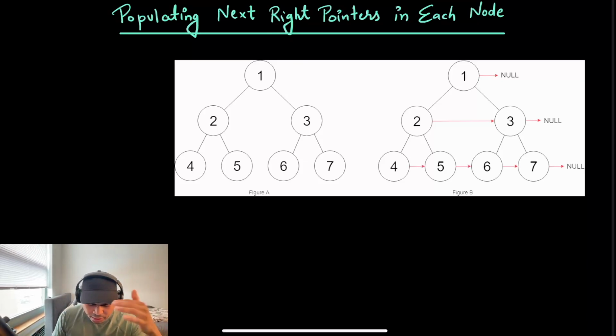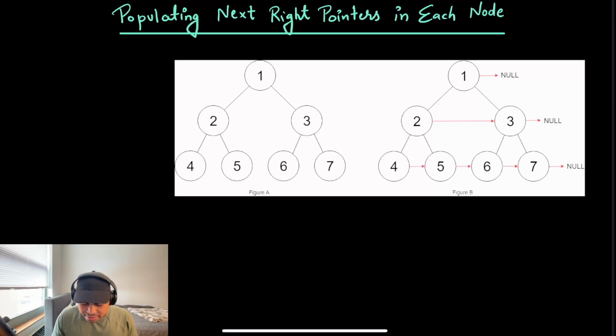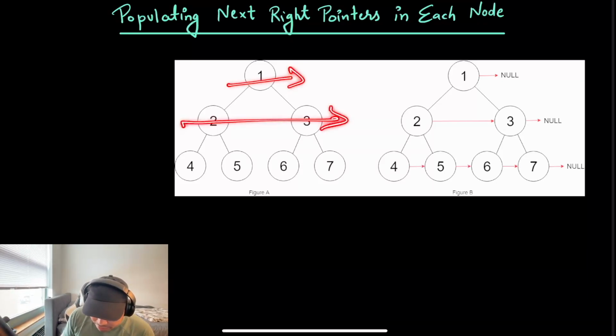We could do any, but I think in this case BFS will be most useful, and the reason is when we are going level by level, we will have access to its right node in that order, right?